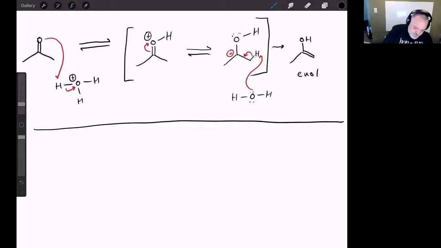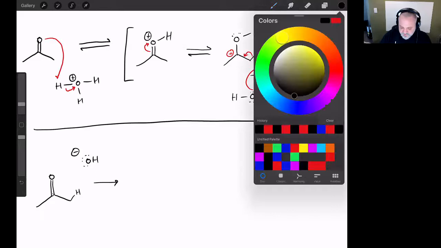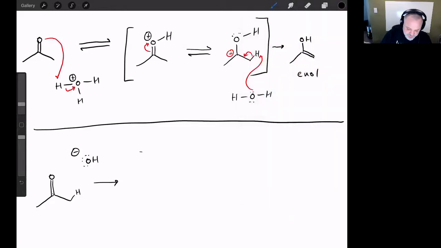Let's take a look at the same situation, but with base catalysis. We can ultimately get the same resulting product with base catalysis. But as I said before, we have to think about the conditions of the reaction, and the conditions of this reaction dictate that I can't form anything that's intermediately positively charged. I can only form things that have intermediate negative charge, because that's the conditions of the reaction.